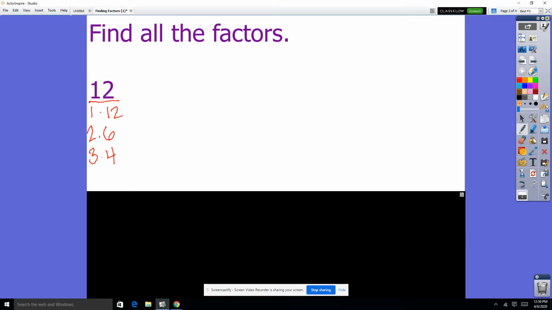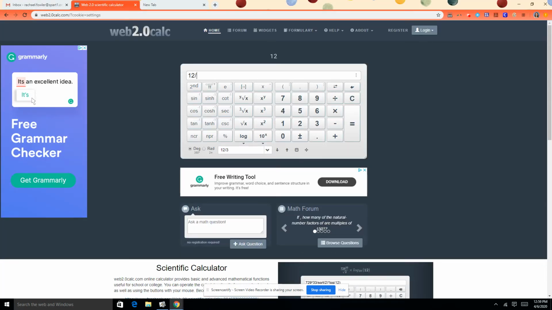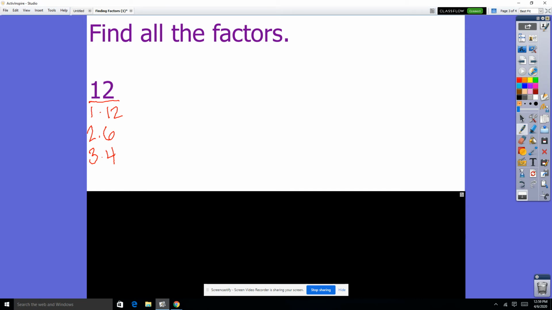So I've checked 1, 2, 3. I've also already gotten 4. Since I already have 4 on my chart, if I did 12 and I divide it by 4, it's going to give me 3. So as soon as you get a factor that repeats, then you have found all the factors. So the factors of 12 are 1 and 12, 2 and 6, 3 and 4.